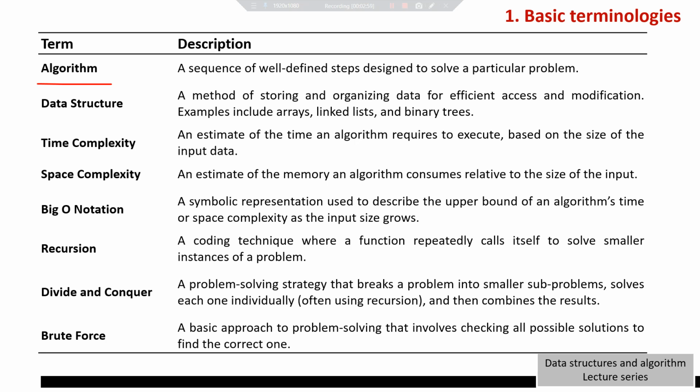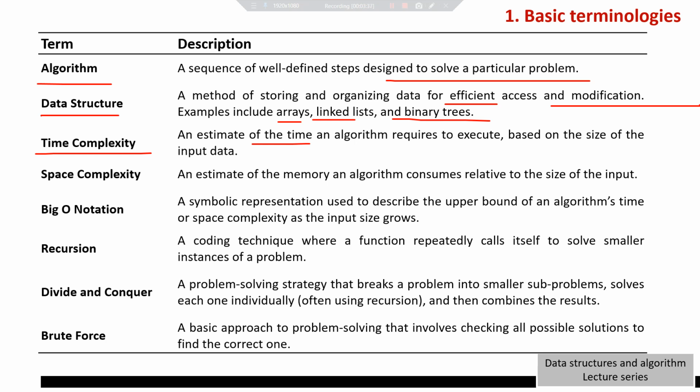First of all, algorithm, you already know this. That is nothing but a sequence of well-defined steps designed to solve a particular problem. Next is data structure, a method of storing and organizing data for efficient access and modification. Examples of data structure: arrays, linked list, binary trees, etc. Then time complexity, an estimate of the time an algorithm requires to execute based on the size of the input data.